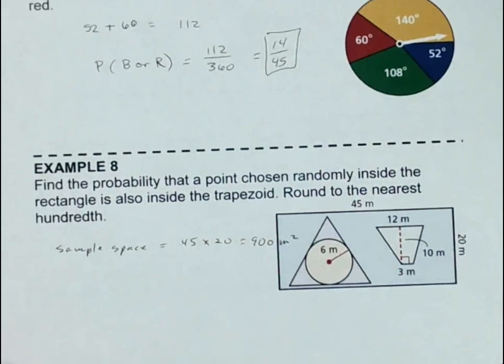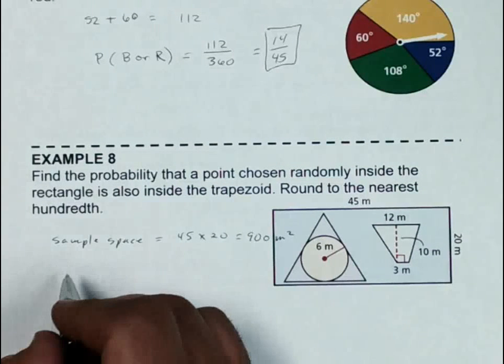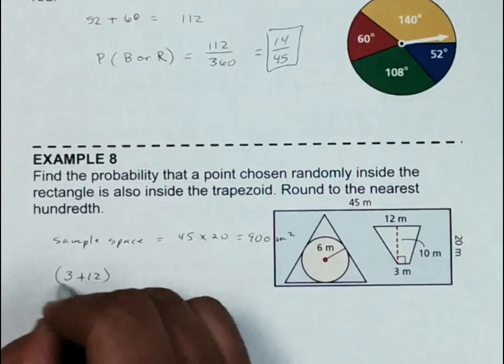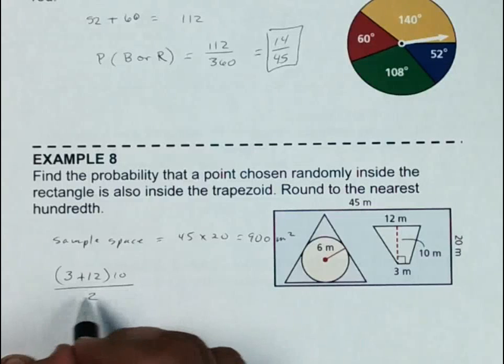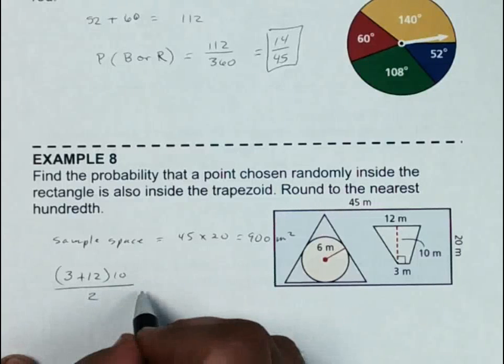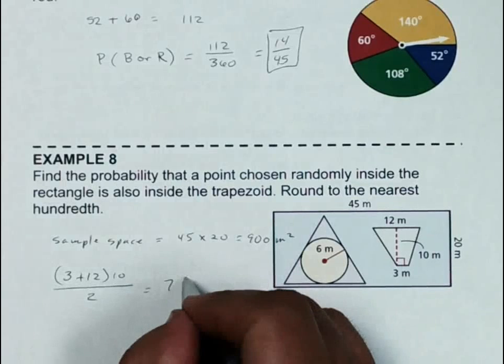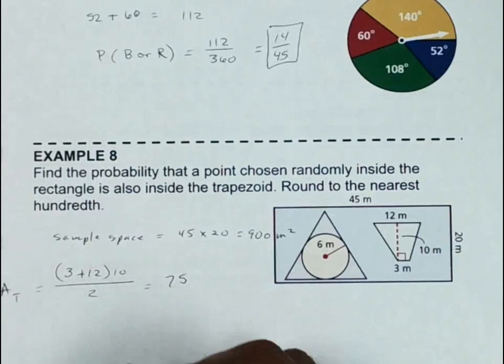Then I want to find the area of the trapezoid, which is going to be 3 plus 12 times my height, divided by 2, which comes out to be 75, the area of the trapezoid.